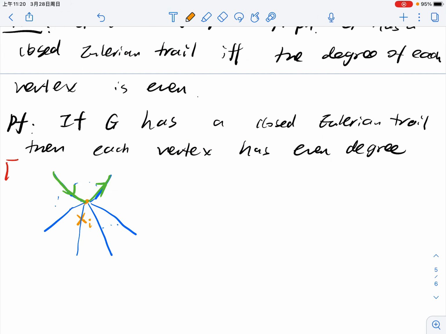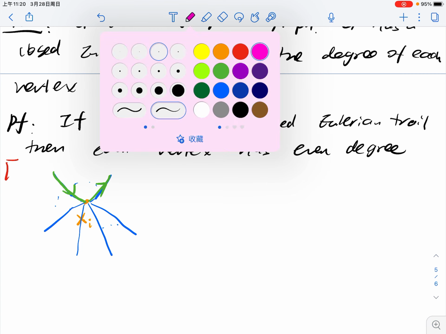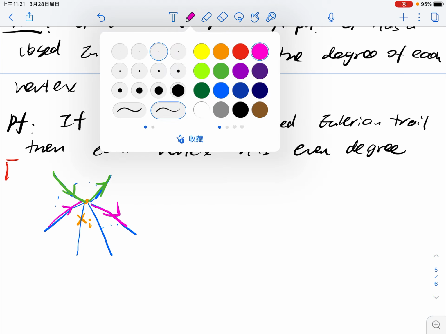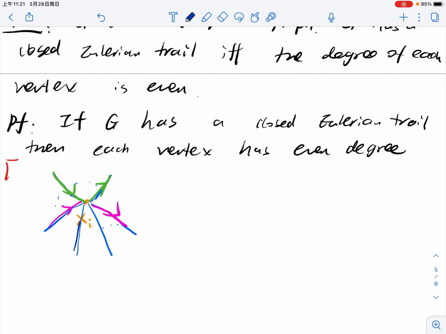Whenever you have an edge in, you have an edge out. Since it's closed, there will be no endpoint. Each point is just the same if you rotate the position. So the degree of each vertex is even.